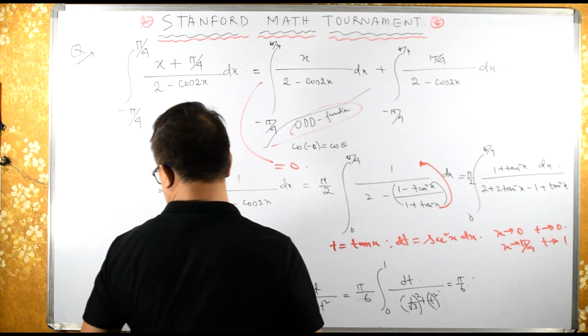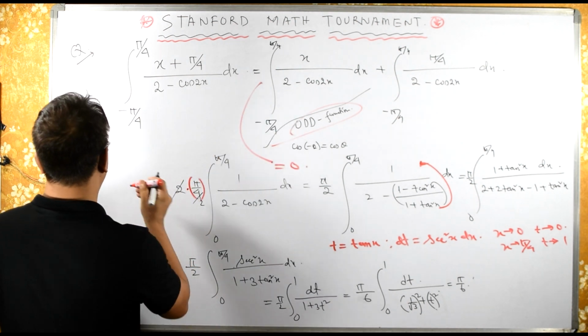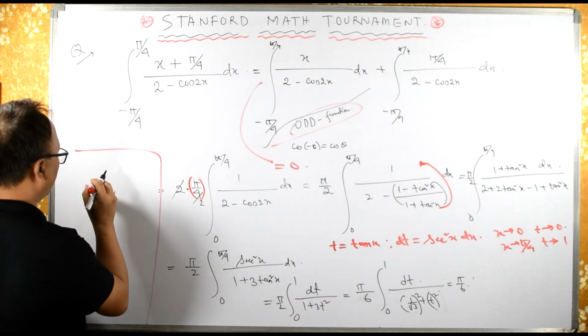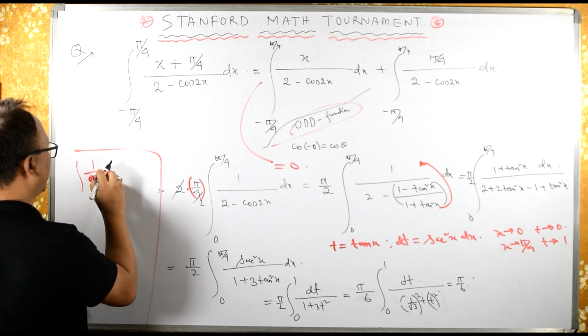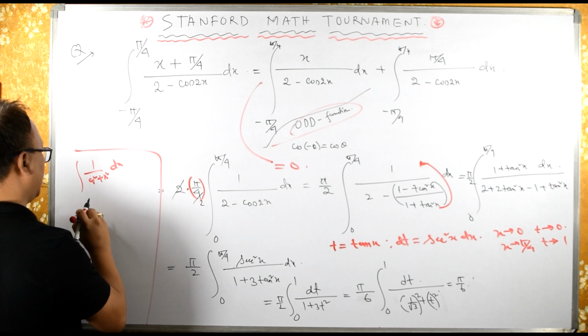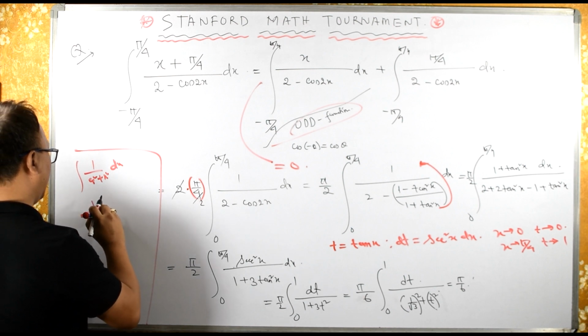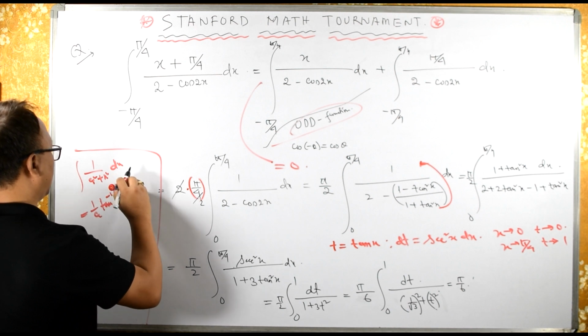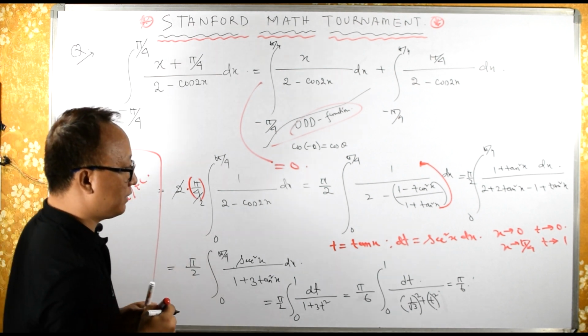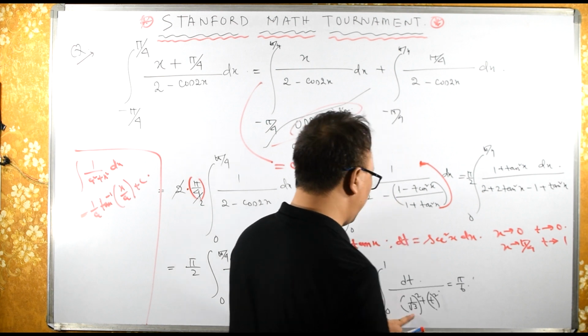We have a formula. What is the formula? The integral of 1 upon a square plus x square dx is 1 by a tan inverse x by a plus c. So here, what is 1 by a?